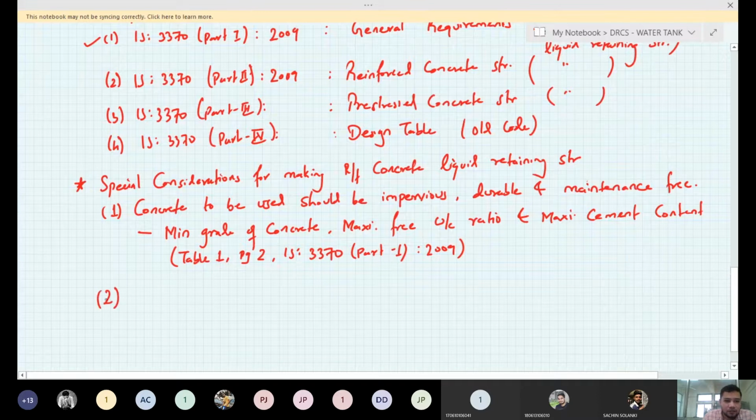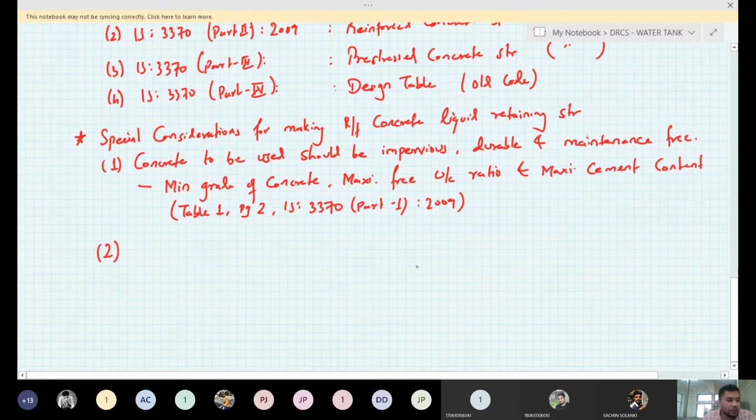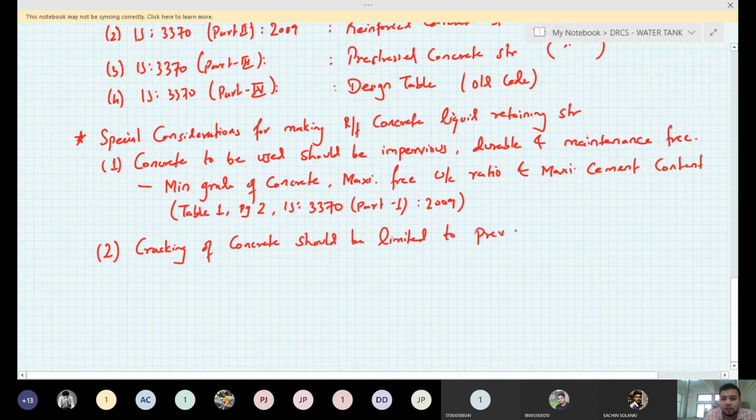Then second requirement is the cracking of the concrete should be limited. Cracking of concrete should be limited to prevent leakage.